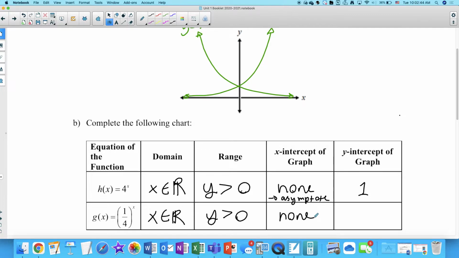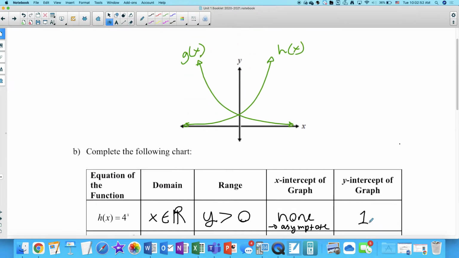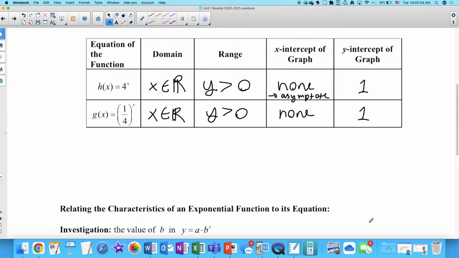So there's a lot of properties that are the same, right? The important piece, and this is what I want you to take away, is that depending on the value of the base, we are either going to get an increasing function or decreasing function. Okay?